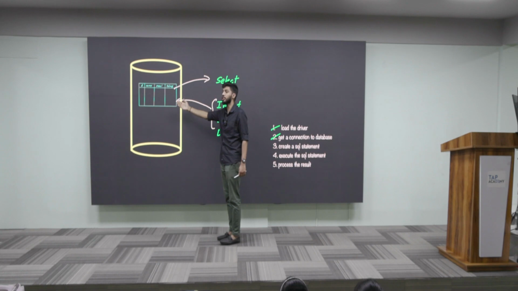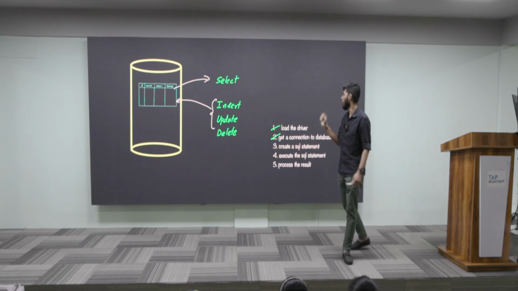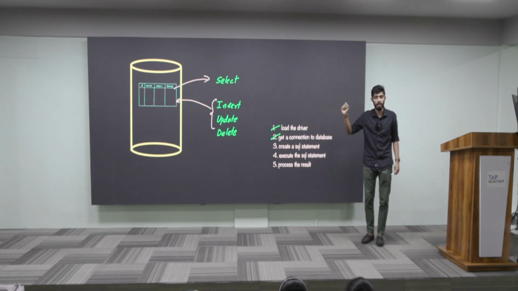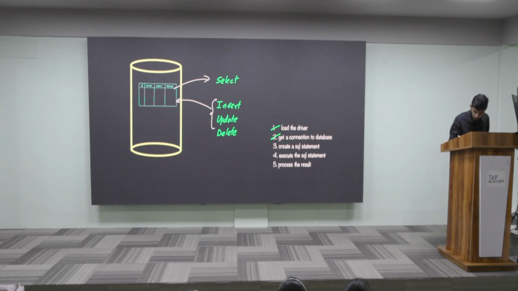Whenever you are updating the table, or whenever you are updating the database, in that particular case, you will not write execute query. Rather, you will write the method called execute update. Execute update is what you need to write, and you need to pass the SQL query over here.